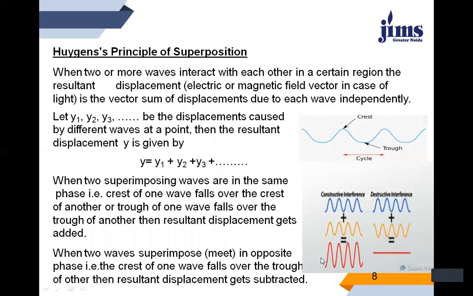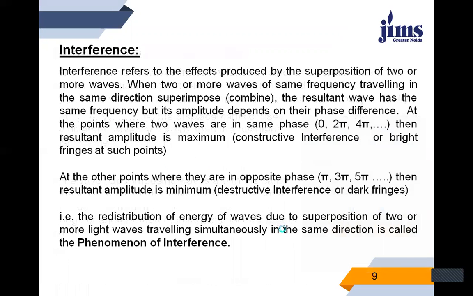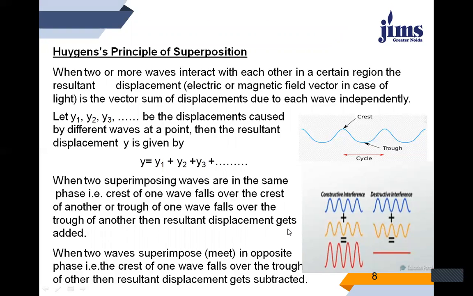It means that the amplitudes, or the displacements, of the two waves are added. So this is the case of constructive interference, in which the resultant displacement gets added.